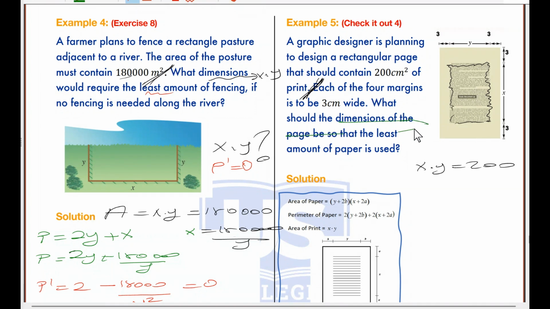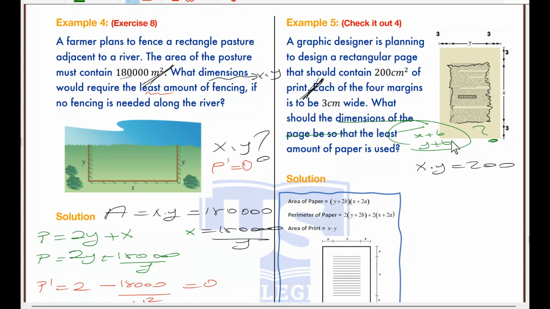For the page, the length is x plus 6. And for the width, it's not just y, it's the print dimension plus the margins, so y plus 6. So the question is asking about x plus 6 and y plus 6.